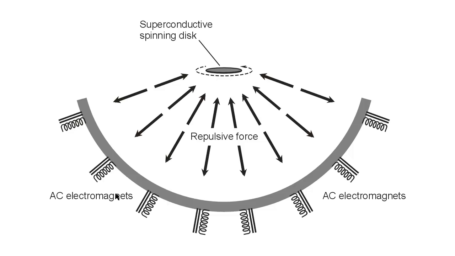When that happens, they tend to become perfectly diamagnetic, and you get this repulsive force whenever you have a magnetic field near it. So, for example, you could have a bowl like this. This is supposed to be a cross-section of a bowl with a bunch of electromagnets in it. These are AC electromagnets, but they could, in this case, also be DC electromagnets. We would get repulsion, and thereby we would get magnetic levitation.